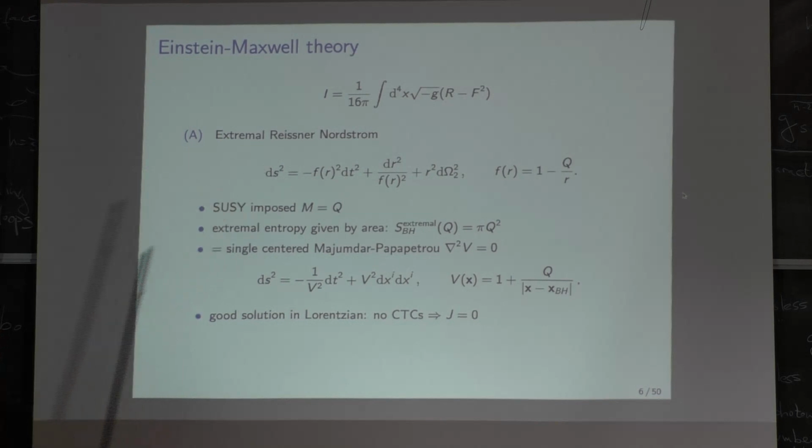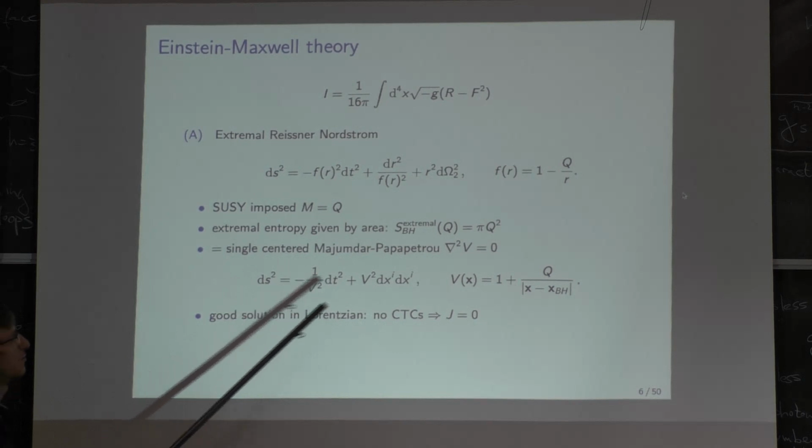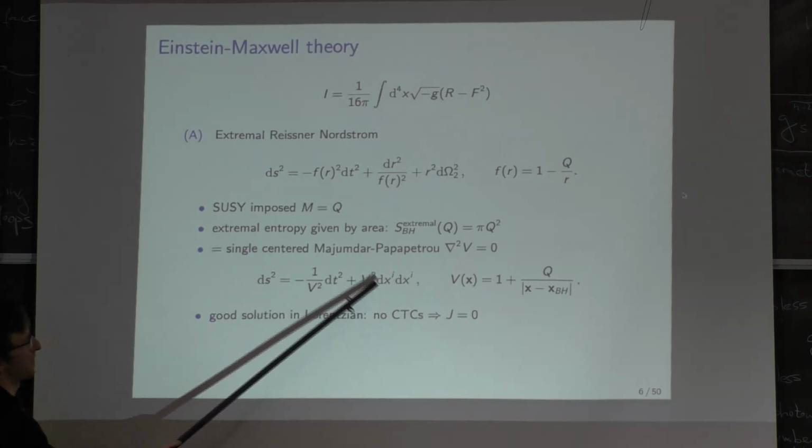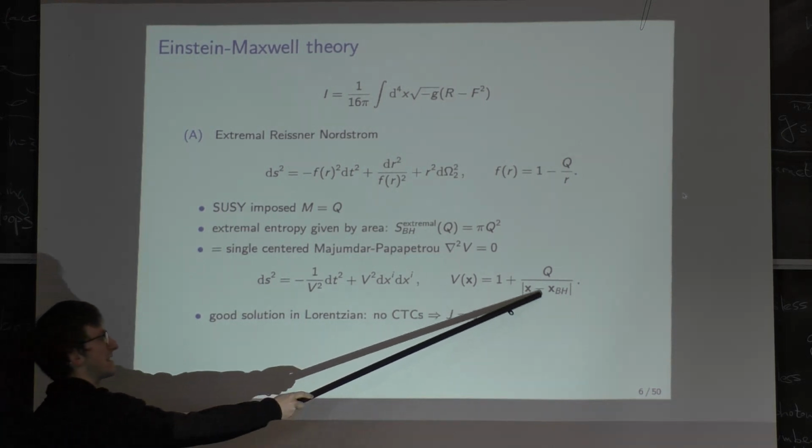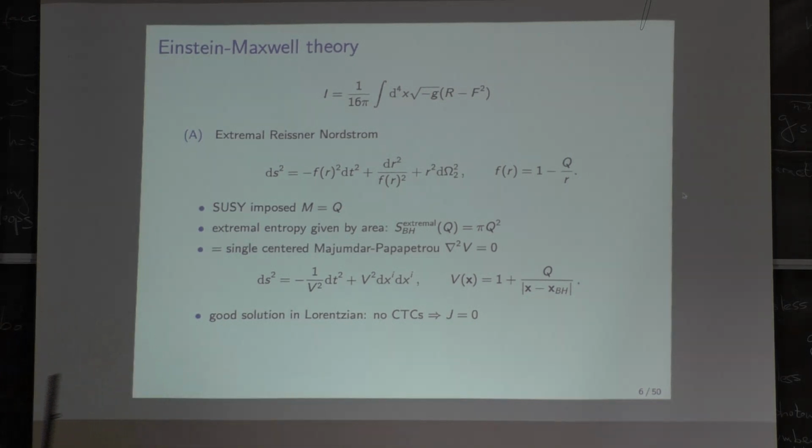So the extremal horizon Reissner-Nordström black hole has a very natural multi-black hole generalization given by the so-called Majumdar-Papapetrou geometry. It's described in terms of a single harmonic function V and takes the following simple form. For a single black hole in the geometry, this harmonic function will contain a single pole. However, for multiple black holes, it can contain multiple poles.